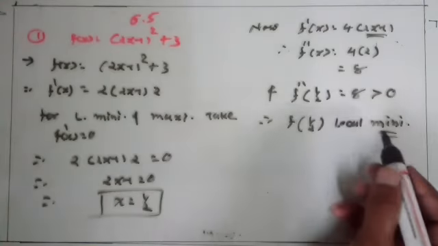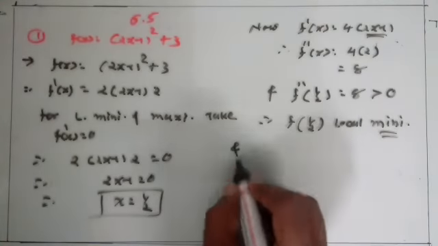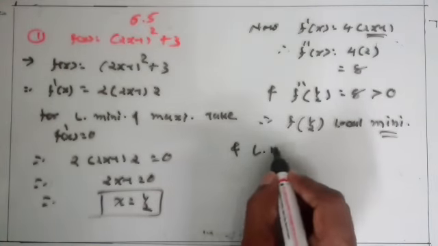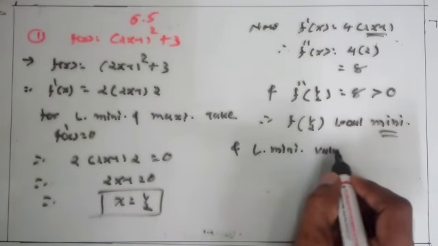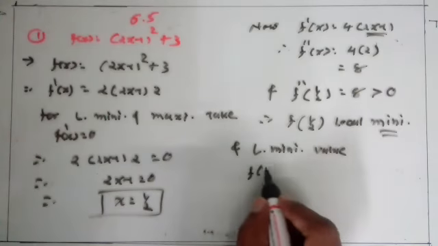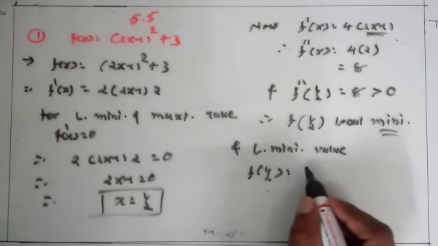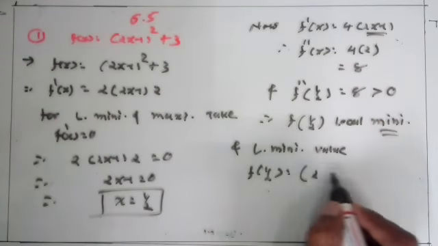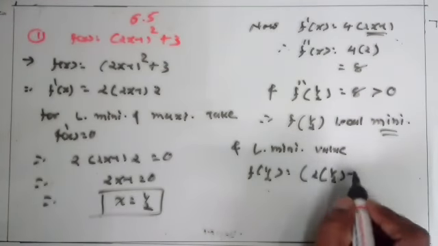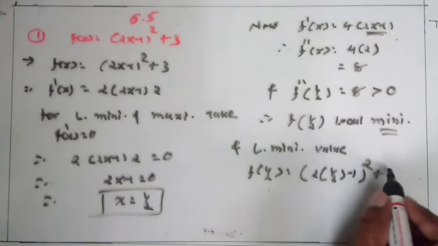So f(1 by 2) is a local minimum, and the local minimum value is f(1 by 2), replacing x by 1 by 2 in this function: 2 into 1 by 2 minus 1 raised to 2 plus 3.